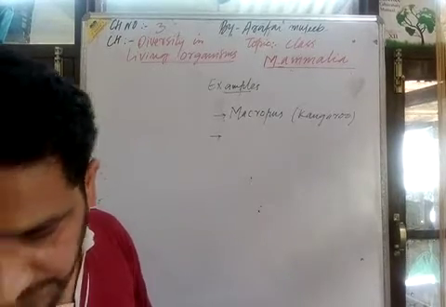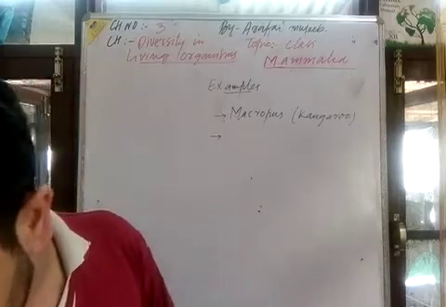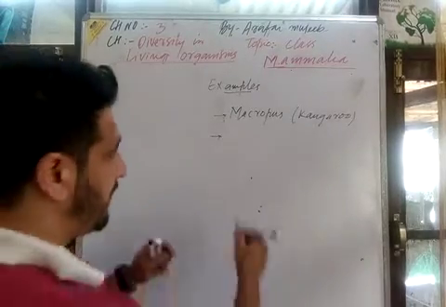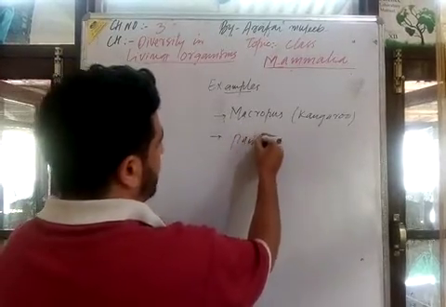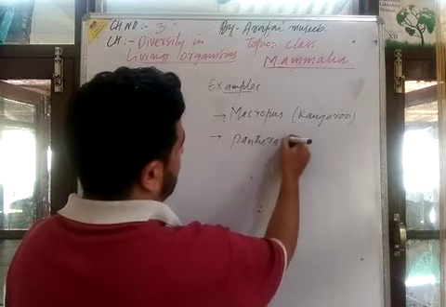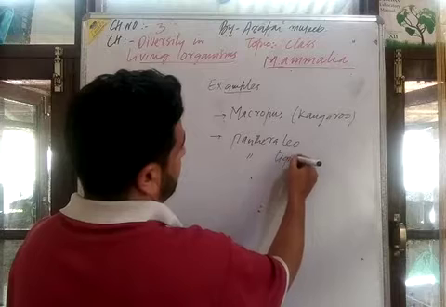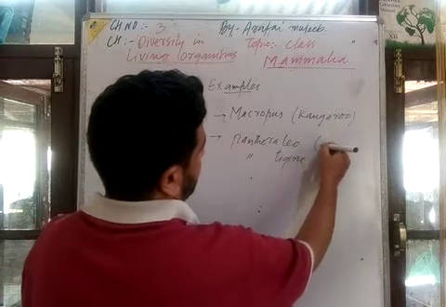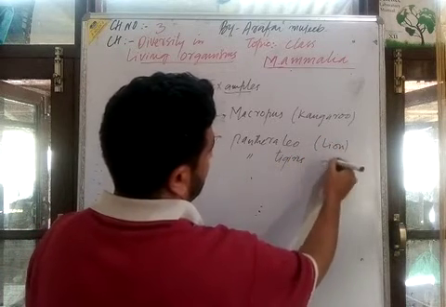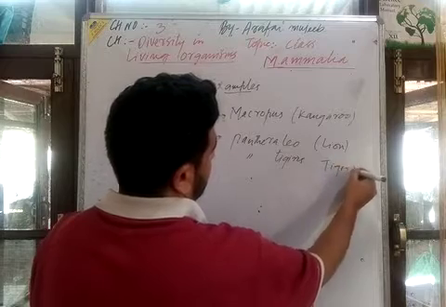You will find many examples here. Panthera leo or Panthera tigris. This is commonly known as the lion, and this is commonly known as the tiger.